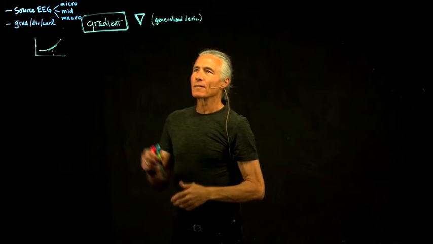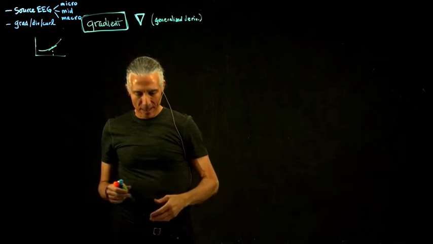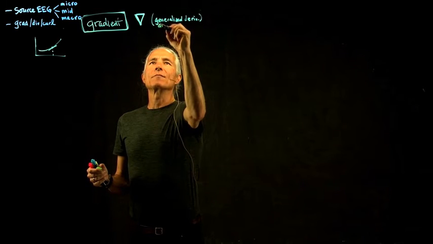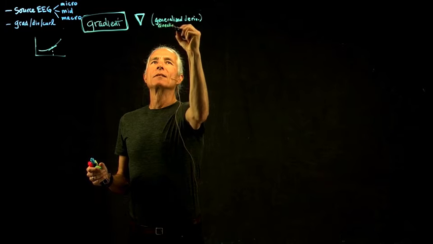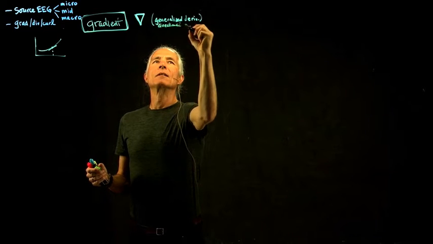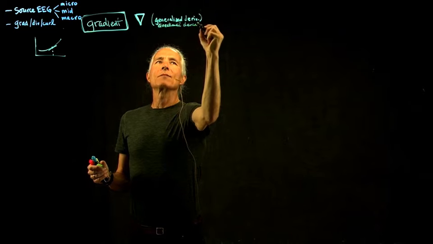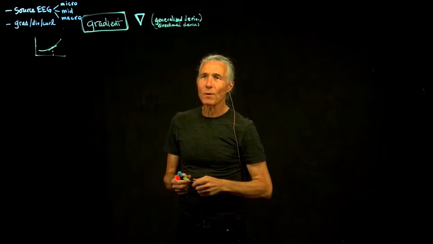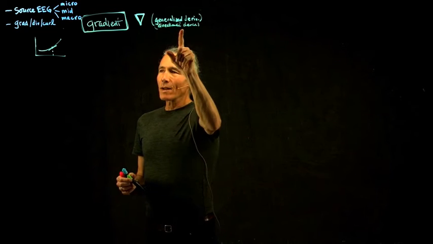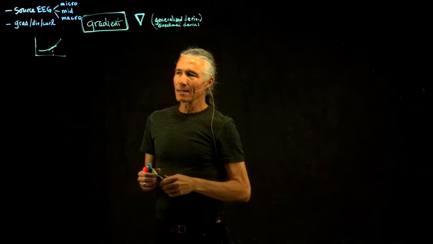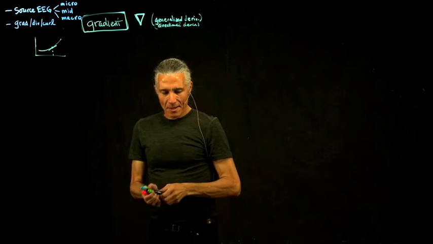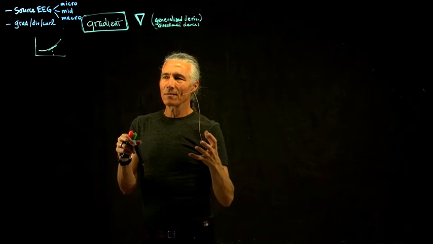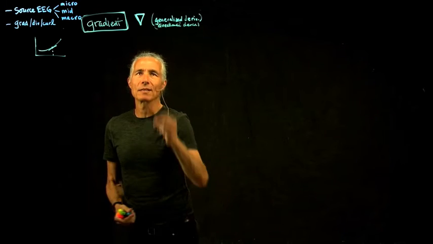The generalized derivative, gradient, sometimes called the directional derivative, is just the rate of change when you've got more dimensions. It gives a direction. And so what it does is it turns a field of numbers into a field of arrows.